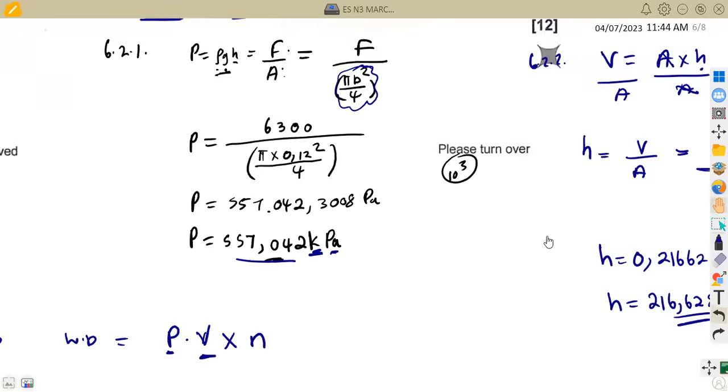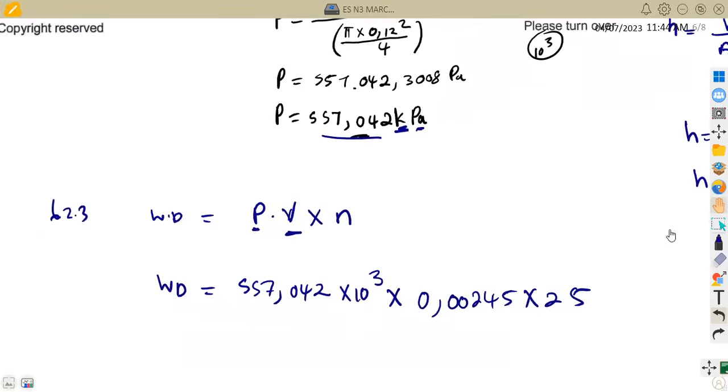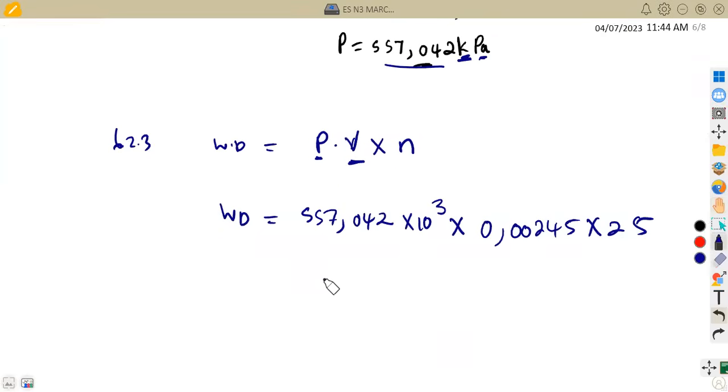So we're going to multiply by the volume per stroke, then times the number of strokes, which is 25. That is going to give us the exact answer for our work done in this case, which is going to be 118.8225 joules, like that.